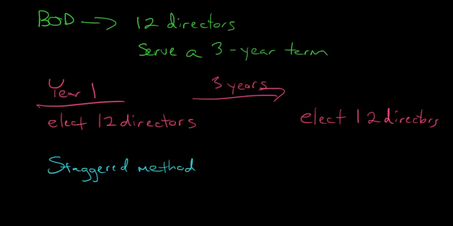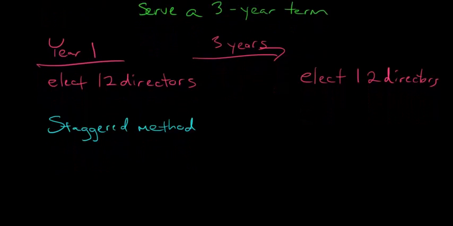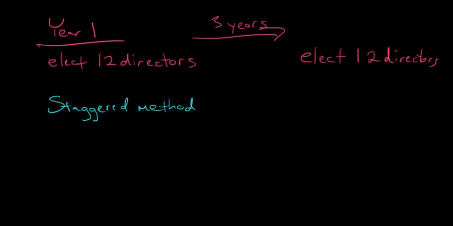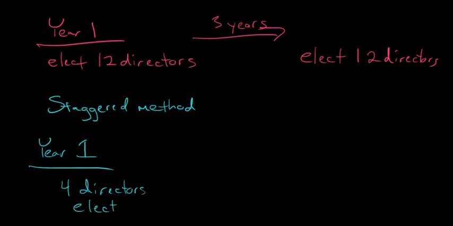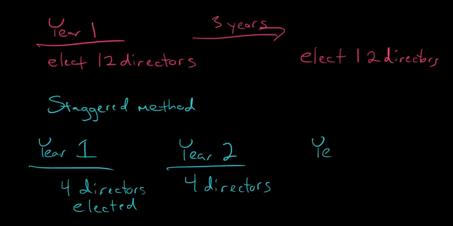We might have, in year one, 4 directors up for election. Then in year 2, we have elections for 4 directors. And then in year 3, we have elections for 4 directors.